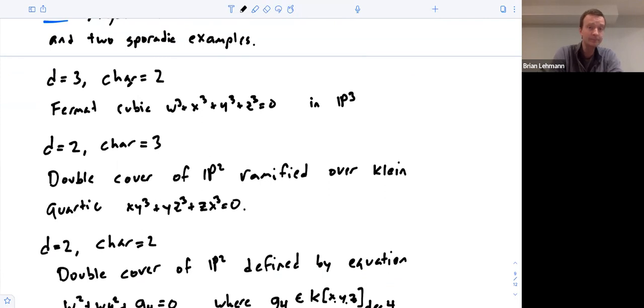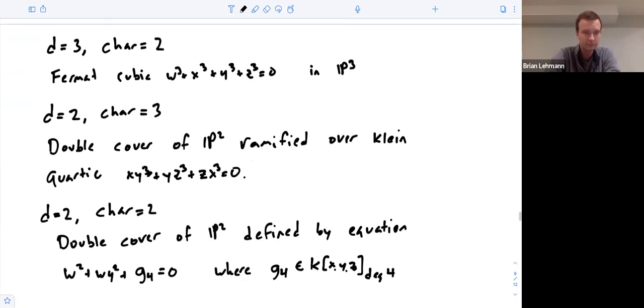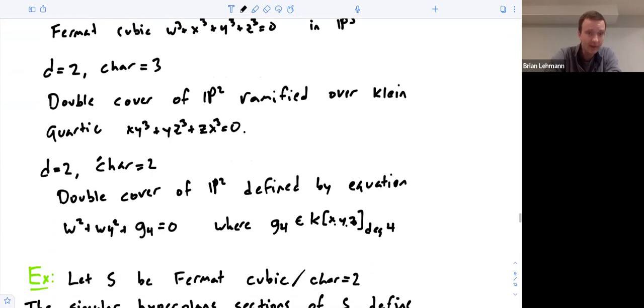That's in characteristic 2. Excuse me, in characteristic 3, another example is the double cover of P2 ramified over the Klein quartic. And the final example is a class of examples.